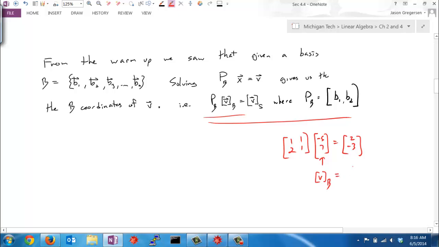And the thing we started with here, well, that was just our vector in terms of our standard basis. And so this must be that special matrix that takes us back and forth here. And how did I get this matrix? Well, really, its columns are my basis vectors.